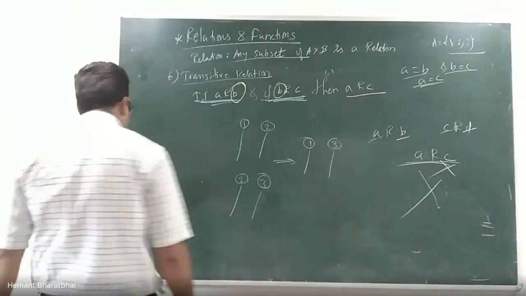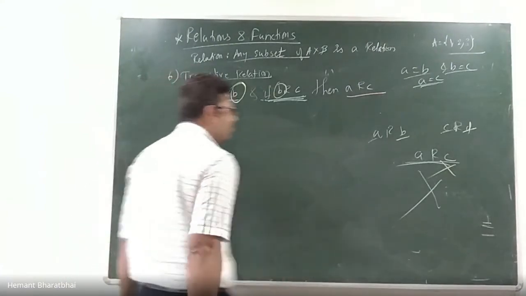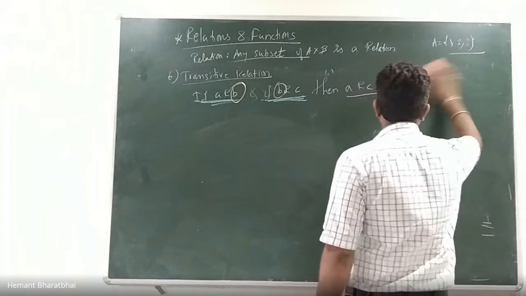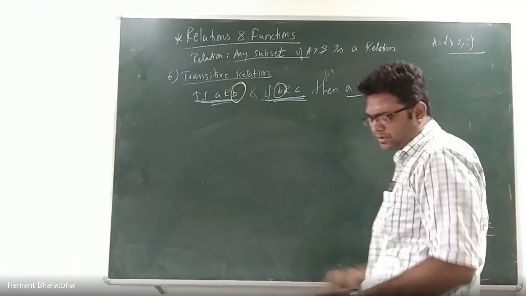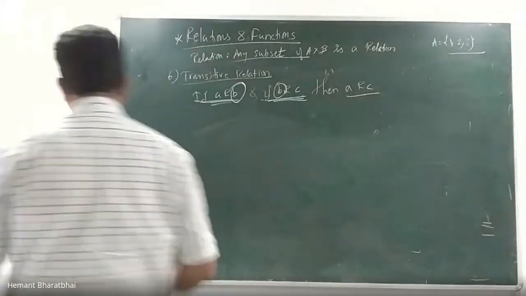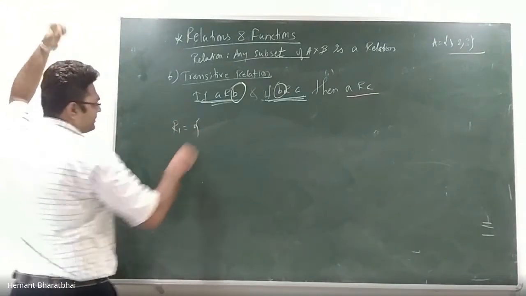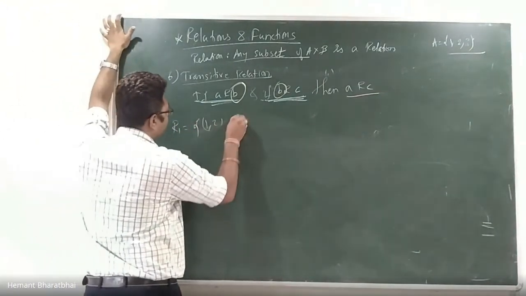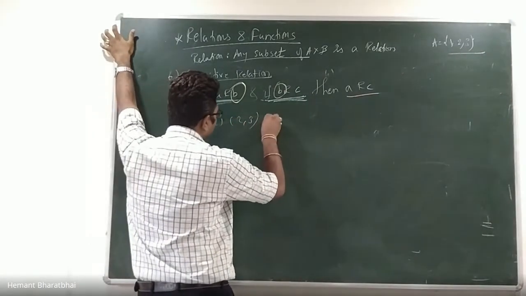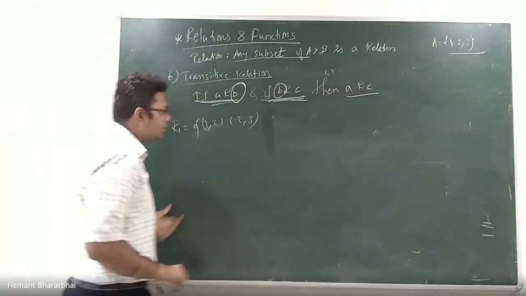So now we have understood: if A is parallel to B, B is parallel to C, then A should be parallel to C. If A is congruent to B, B is congruent to C, then A should be congruent to C. Similarly, in terms of numbers, how can I write it? Suppose I am writing 1, 2 and 2, 3.